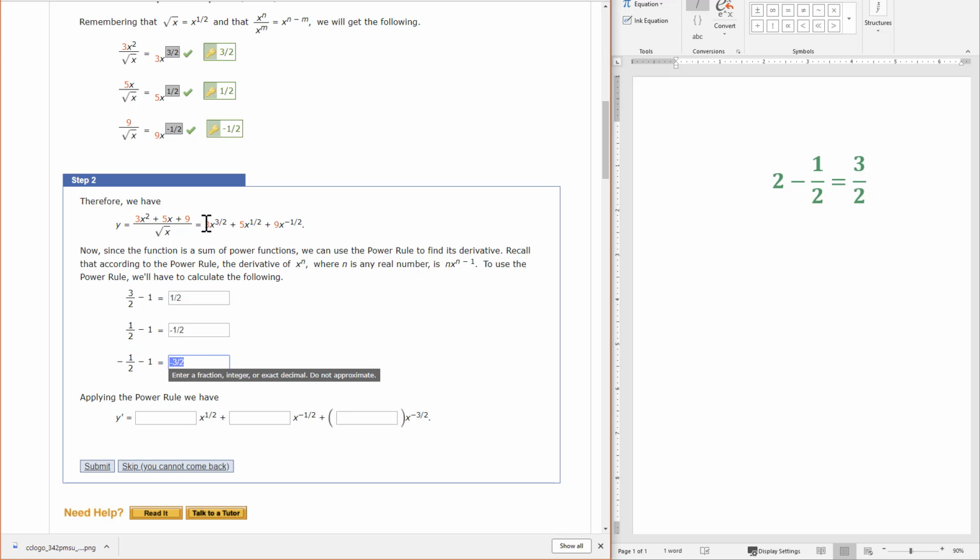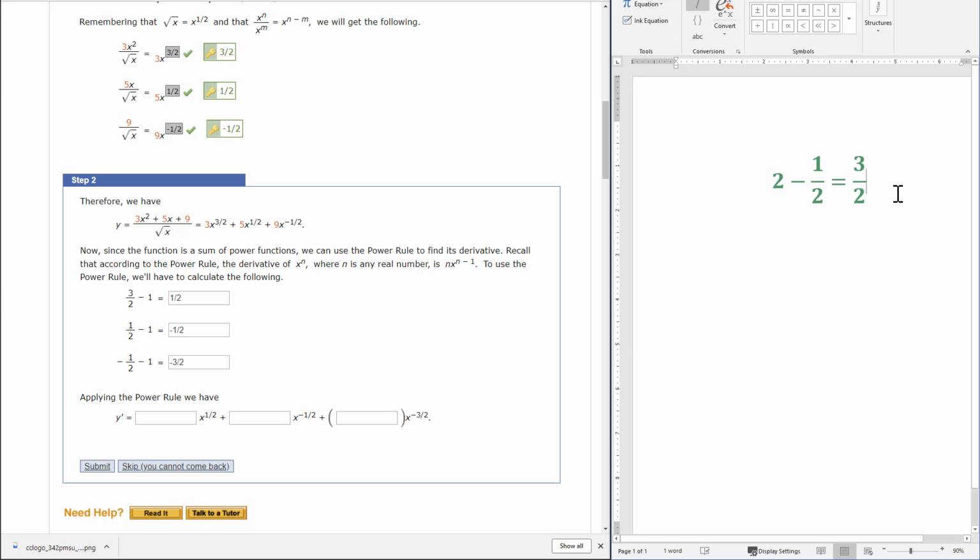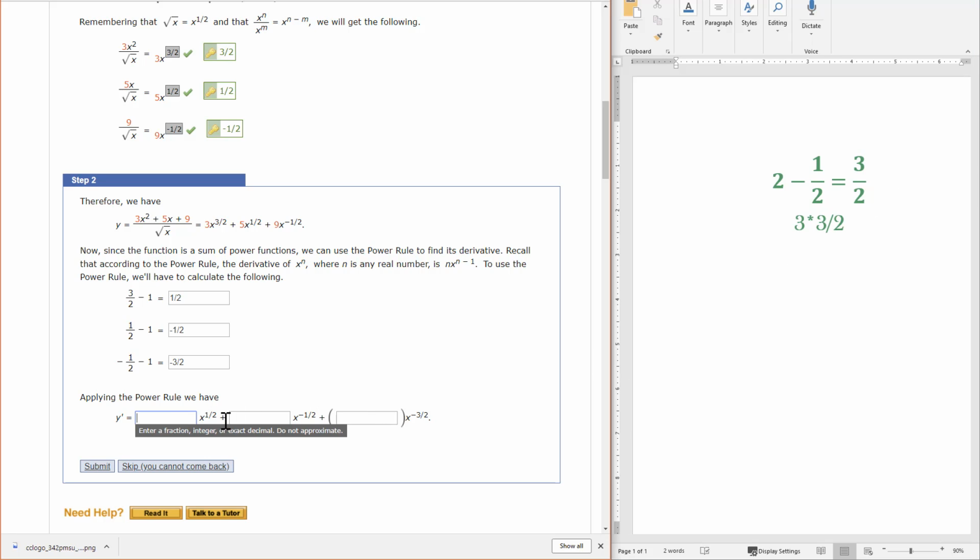And so for the first term, the derivative of this is we bring the 3/2 down and multiply by 3. So that's 3 times 3/2, that would be 9/2, x to the 1/2 power. That's the derivative of this first term.